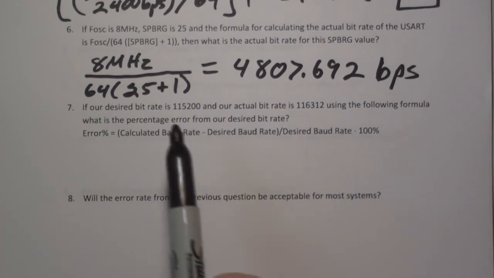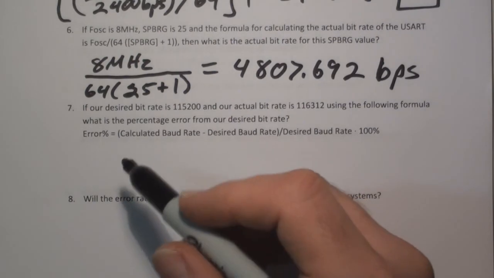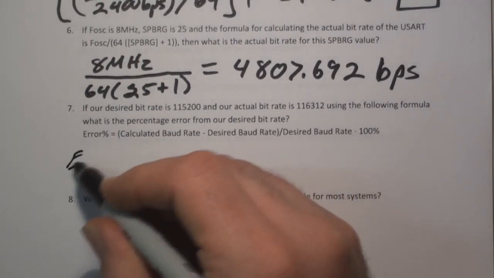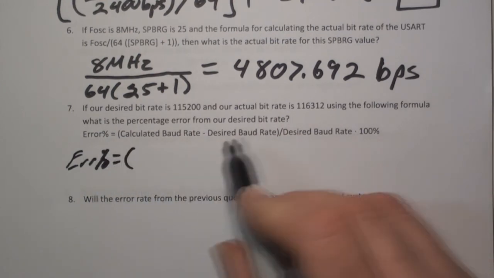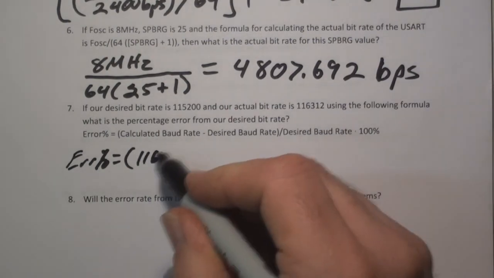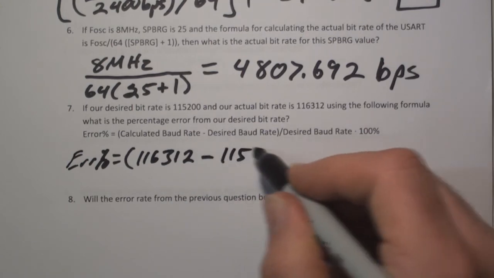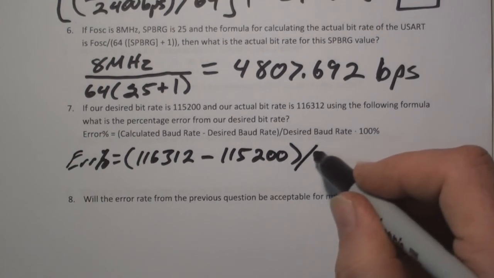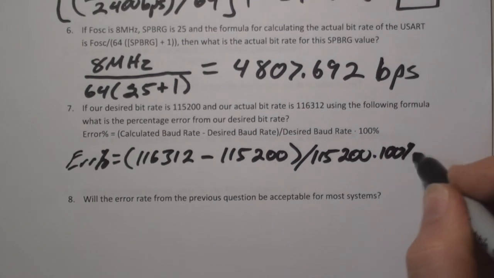So our desired was 115,200, so error percent is equal to calculated, which is 116,312 minus 115,200, divided by our desired baud rate of 115,200 times 100%.